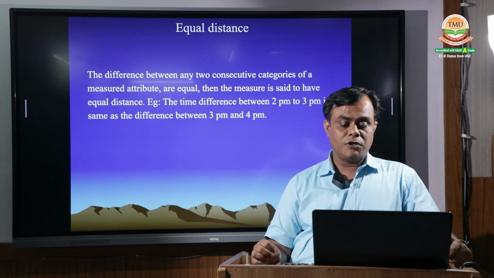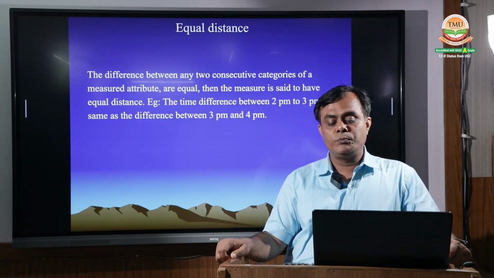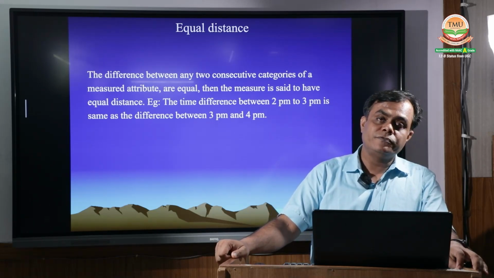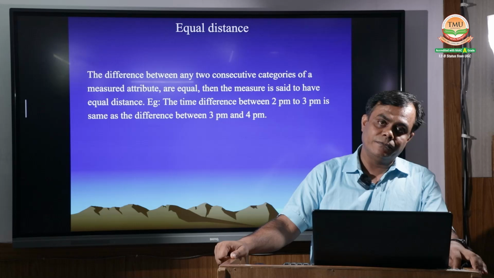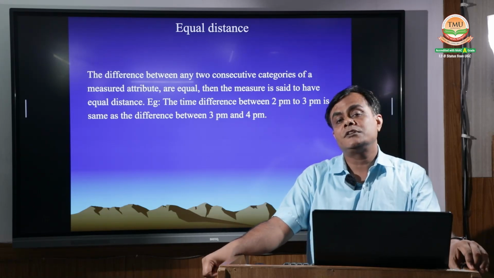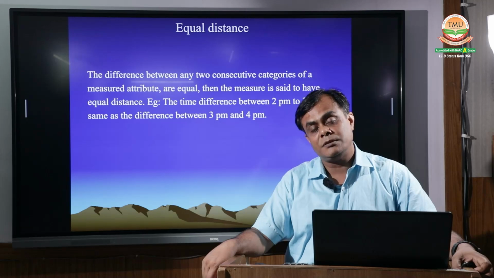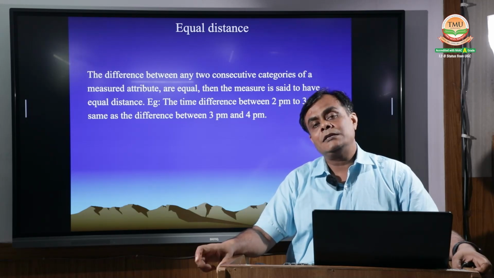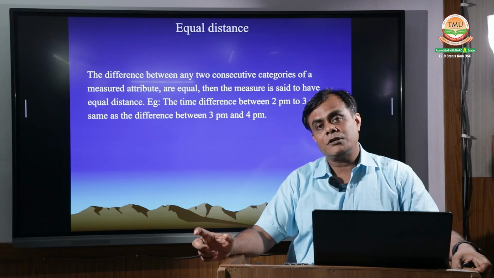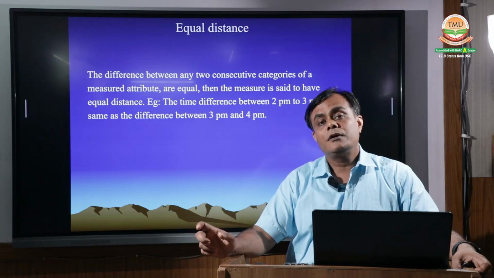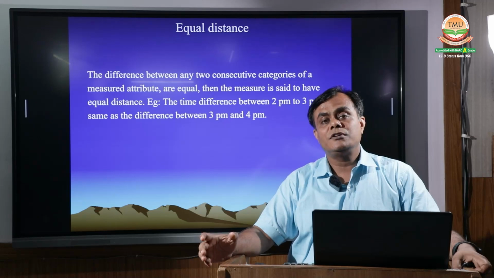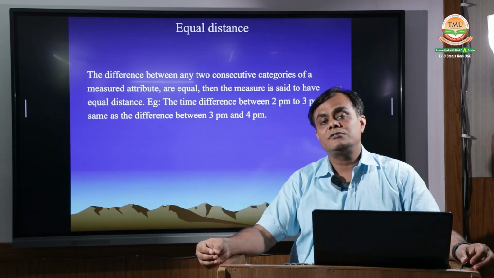Like in the example, the time difference between 2 p.m. and 3 p.m. is the same as the time difference between 3 p.m. and 4 p.m. This is called equal distance: the distance of an hour is 60 minutes, and the distance of a minute is 60 seconds.